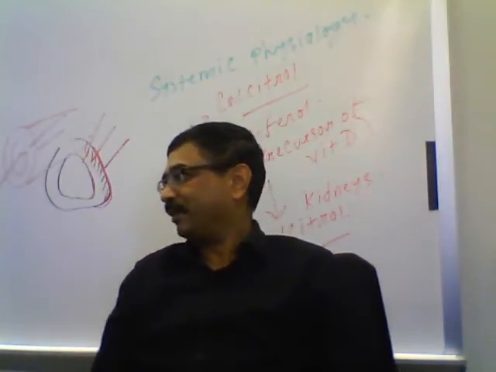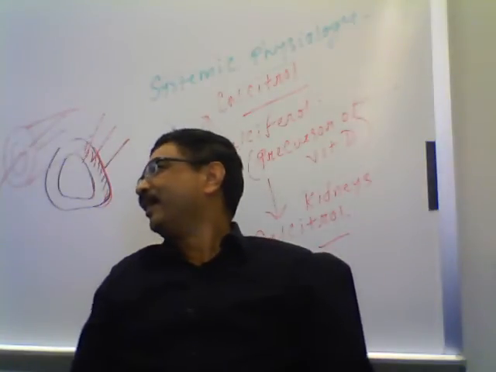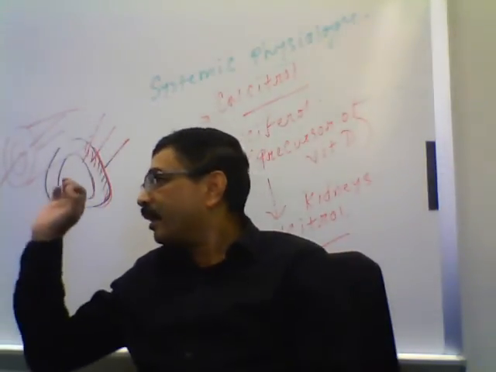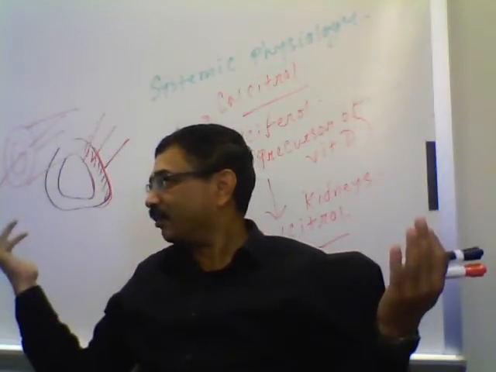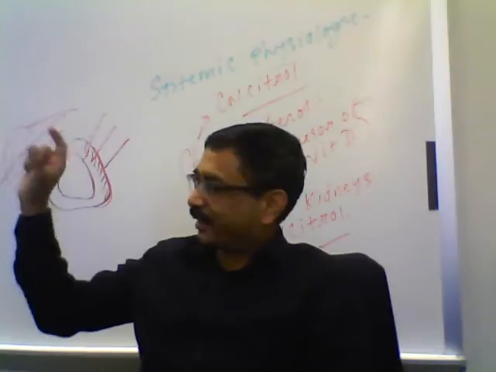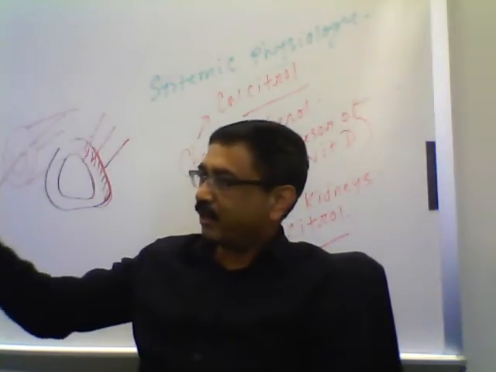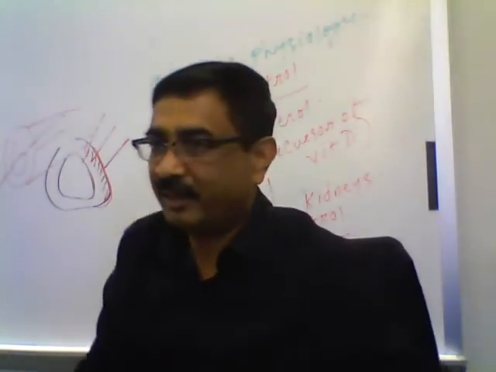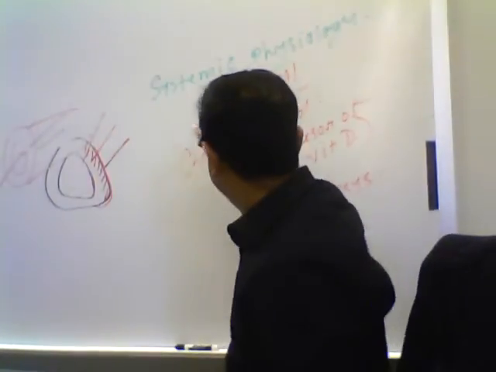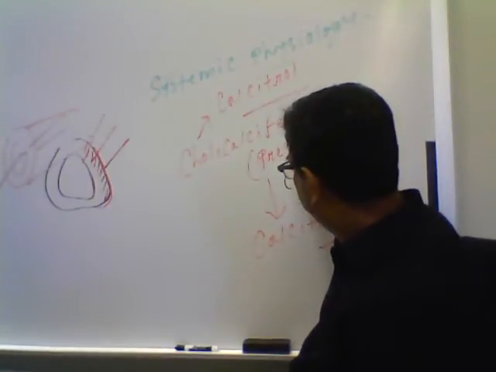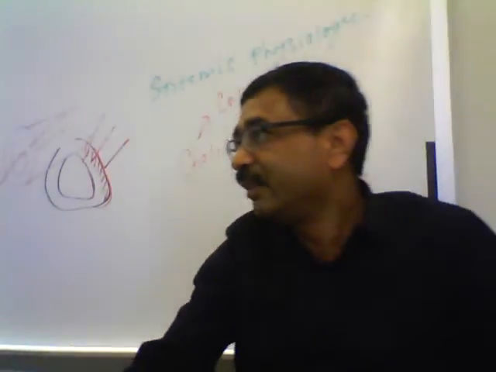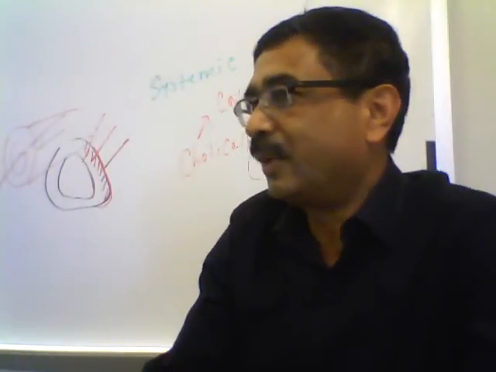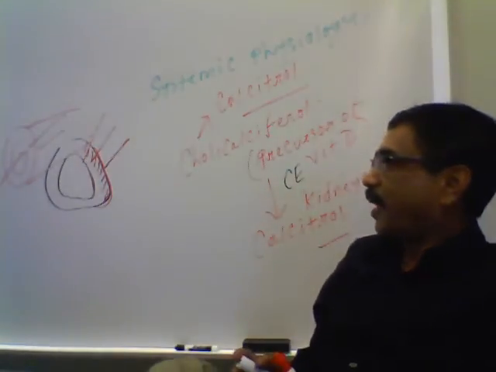Because the kidney has the chemical that will convert it from inactive to active. That's simple. The kidney produces a chemical called converting enzyme, CE. So converting enzyme is produced in the kidney, not in other organs. That's why it has to go to the kidney.